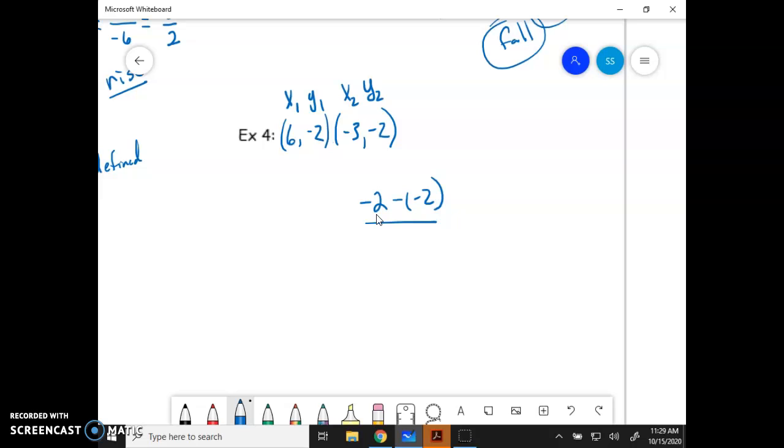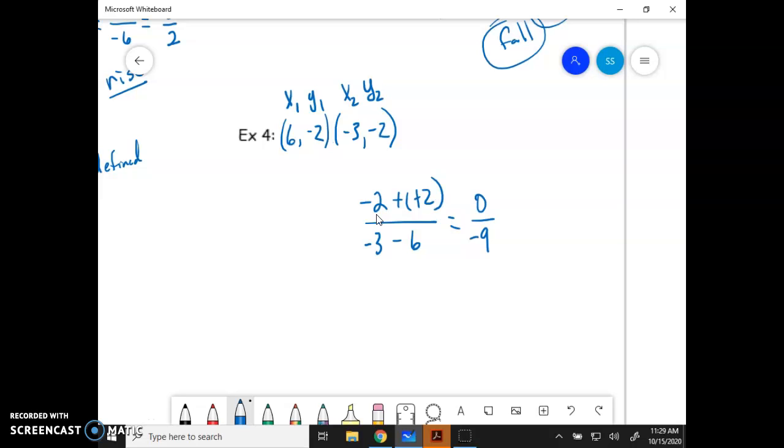Then it's over x2, which is -3, minus 6. So we have -2 plus a negative, so I change all the signs in between those grouping symbols. I get -2 plus 2, which is 0, over -9.